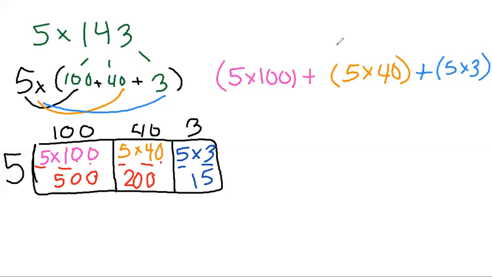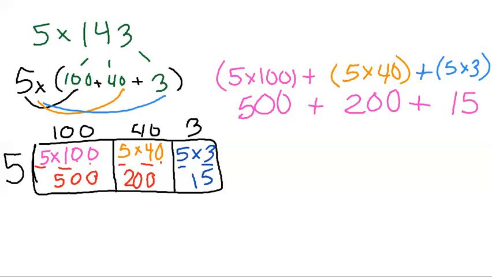Now that I found the products for each of my place values, I'm ready to complete my problem. I'm just going to transfer my numbers over underneath my multiplication problems. So 5 times 100 was 500. Again, I'm getting that right from right here for my answers. 5 times 40 was 200. And 5 times 3, we got 15. So now I can add 500 plus 200 plus 15.